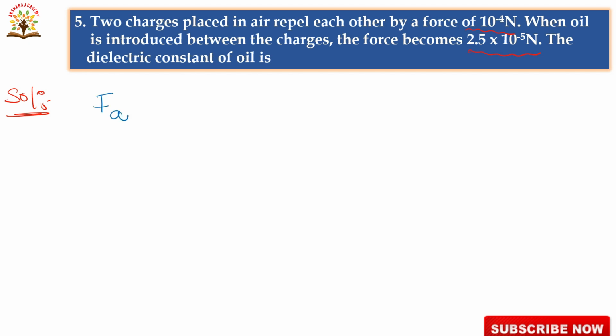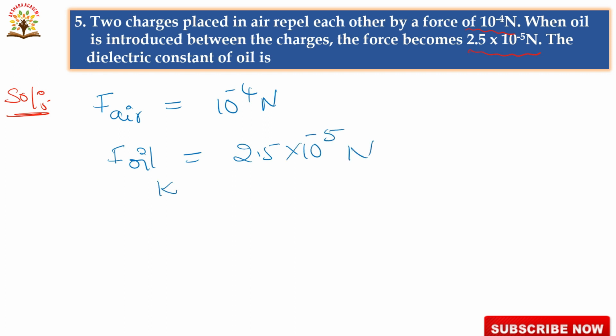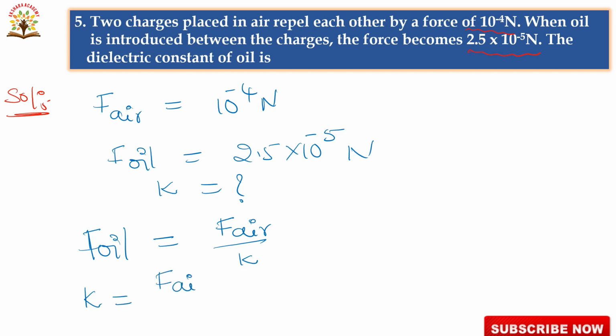Here they have given, in air, 10 to the power of minus 4 newtons, and in oil the force they have given as 2.5 into 10 to the power of minus 5 newtons. We have to calculate the dielectric constant. So force in oil is equal to F air by K. So K is equal to F air by F oil. Now substituting, 10 to the power of minus 4 by 2.5 into 10 to the power of minus 5.